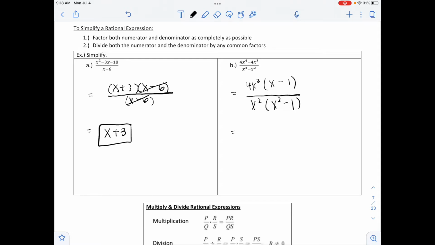So the numerator is 4x cubed times x minus 1, and the denominator we can continue to factor as x minus 1 times x plus 1 using the difference of squares. From here, reducing this out, our x minus 1s would simplify. Likewise, our x factors would simplify too. We have x squared in the denominator and 4x cubed up above, so I'm going to cancel out 2 of those. Left over in the numerator we have a 4x, and in the denominator we have an x plus 1.